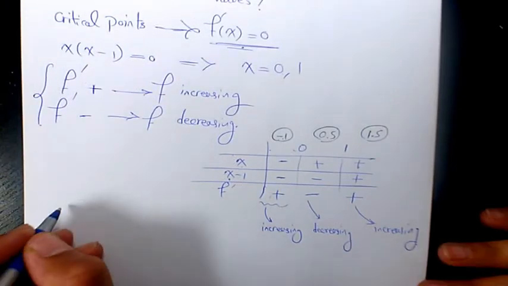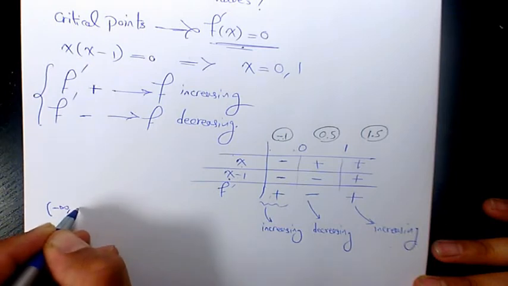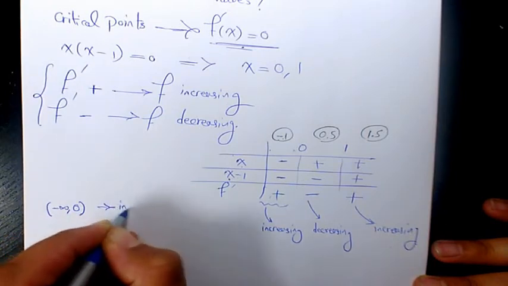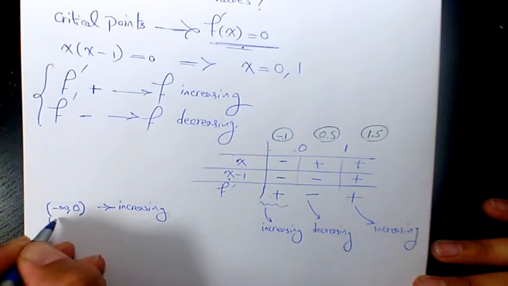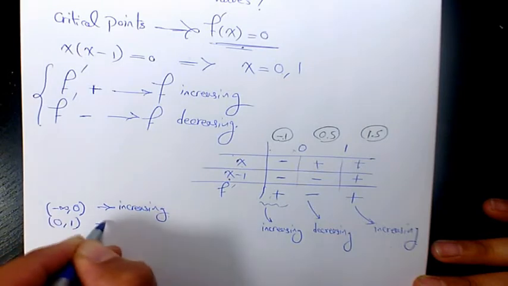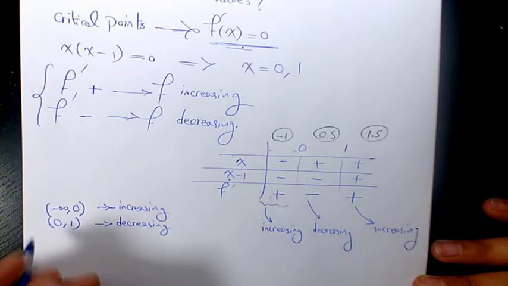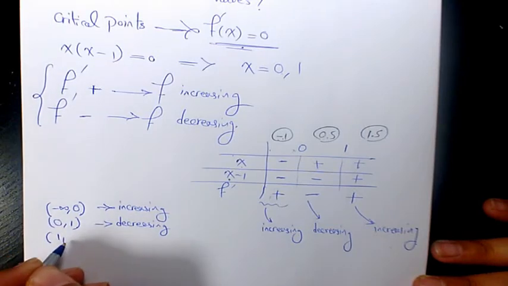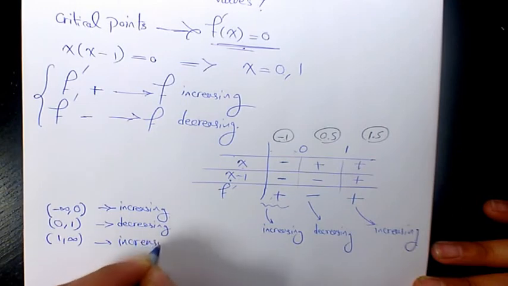So we can say for x values less than 0, f is increasing, from 0 to 1 it is decreasing, and for all numbers greater than 1 it is increasing, because the derivative is positive.